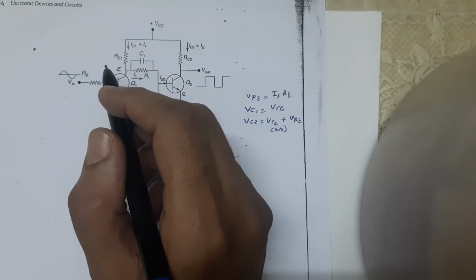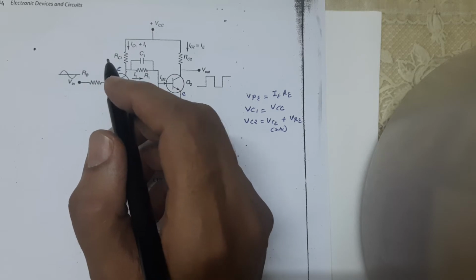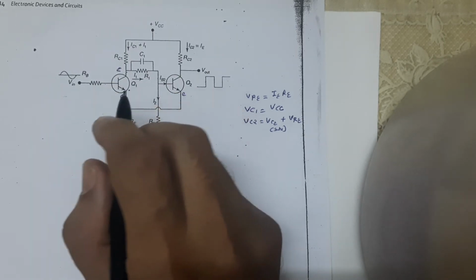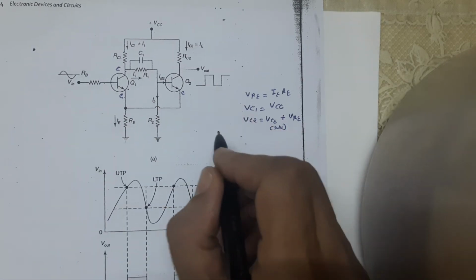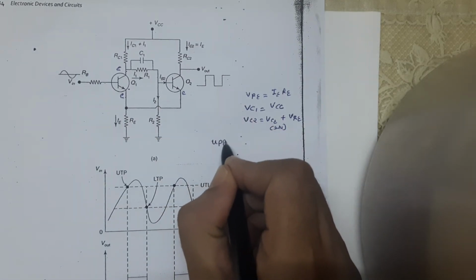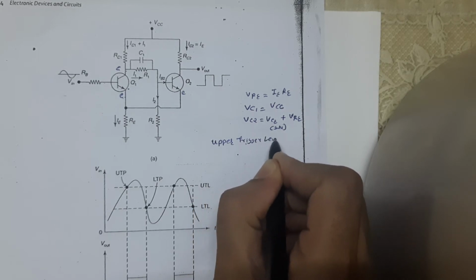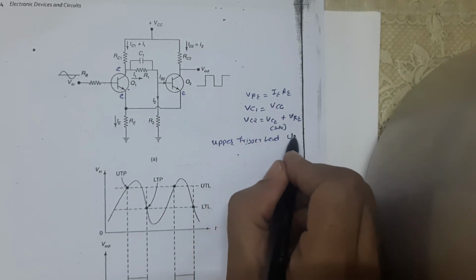Now when the voltage increases above 0, nothing will happen till it crosses the upper trigger level, UTL.